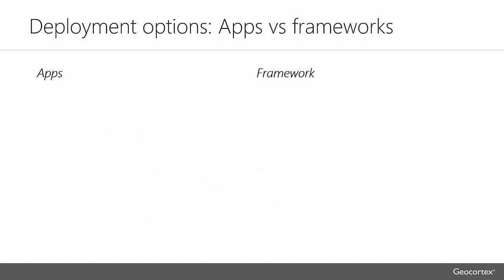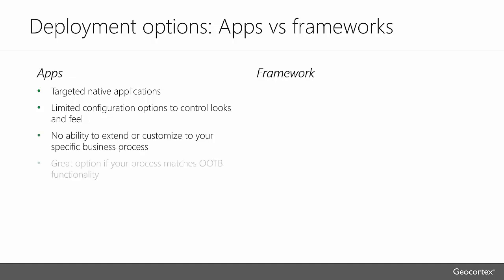So when it comes to mobile GIS applications, there are lots of different deployment options, but I see it in two buckets. There are the out-of-the-box apps, and then there's the framework. When I talk about apps, I talk about targeted native applications. These typically have limited configuration options that let you control the look and feel of the application.